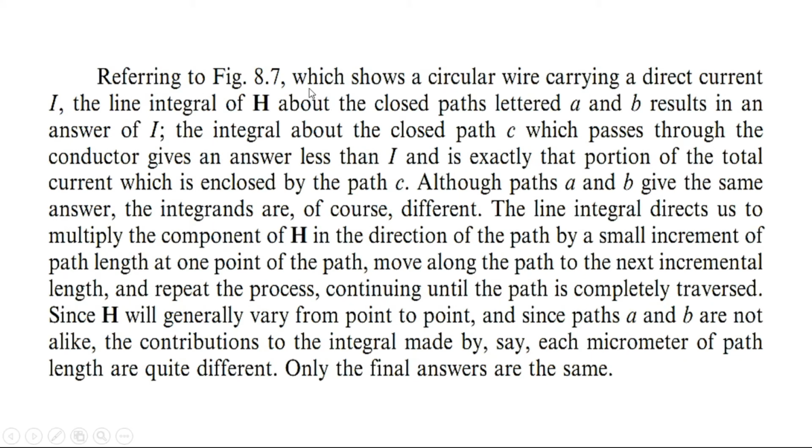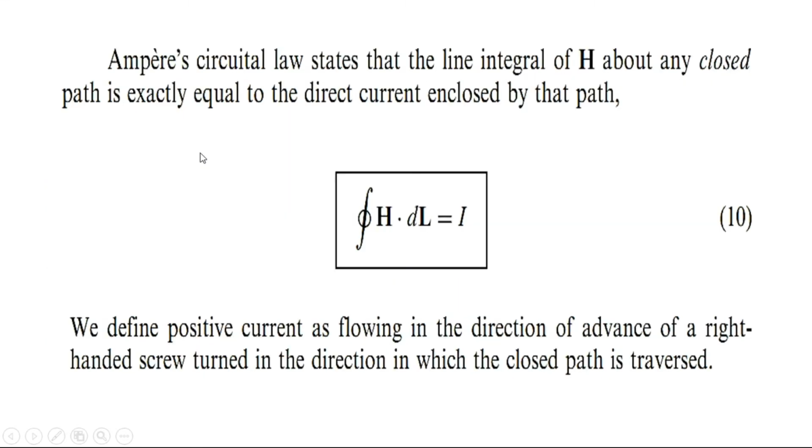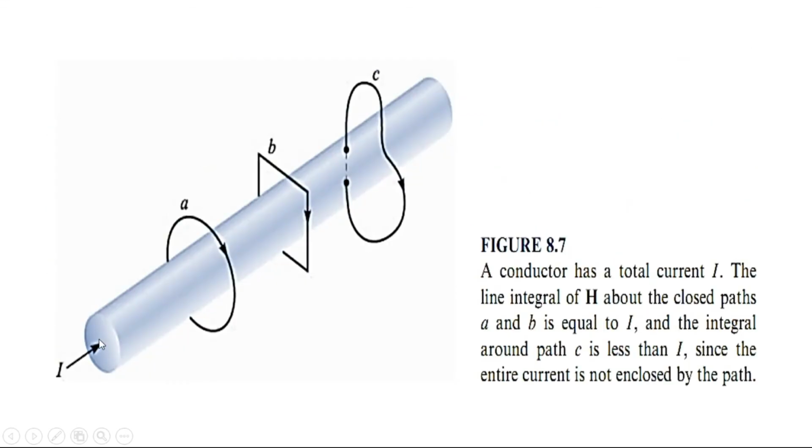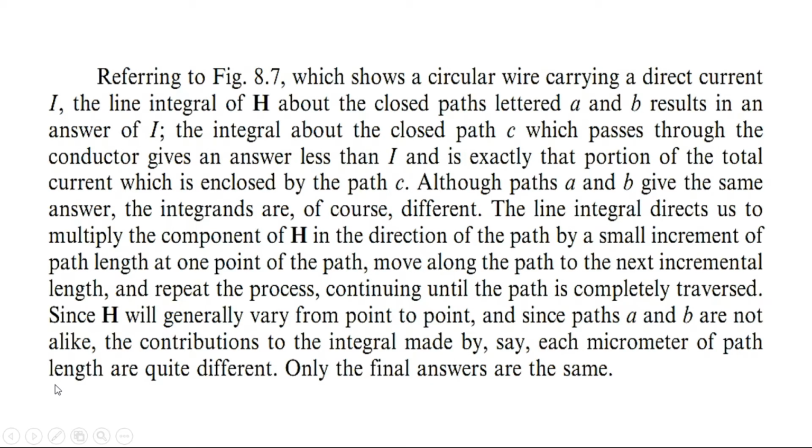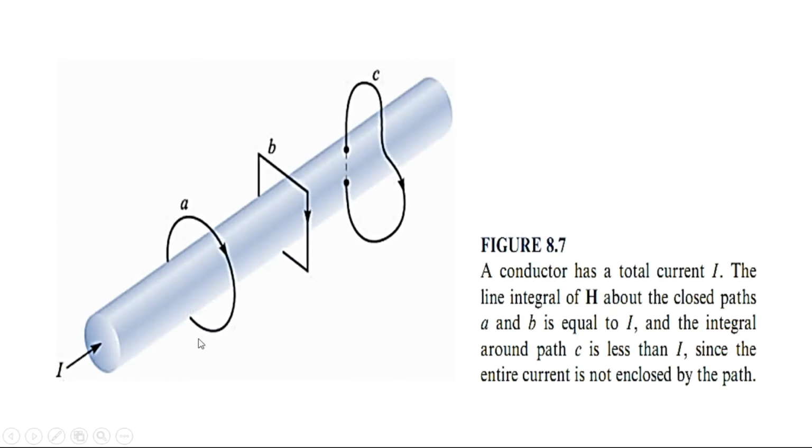Figure 8.7 shows a circular wire carrying a direct current I. The line integral of the magnetic field intensity about the closed paths A and B results in an answer of I. Why? Because these closed paths are enclosing the whole conductor.